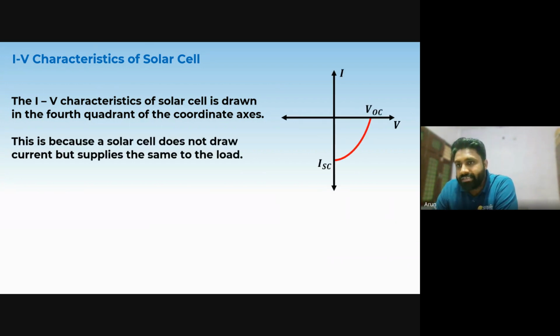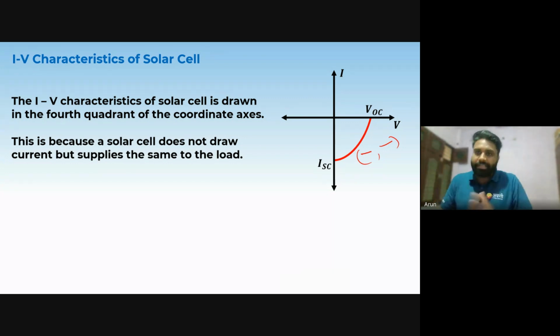The IV characteristic of a solar cell is drawn in the fourth quadrant. Fourth quadrant means negative, negative. Why is it so? When you supply the voltage, when we use an external voltage, it is taken as a positive value. But when you are getting the voltage, the system is doing the work. Okay? So then it is taken as negative.